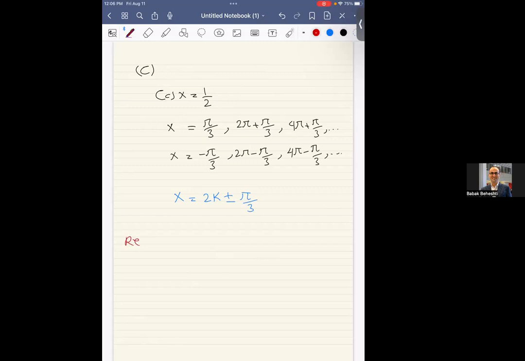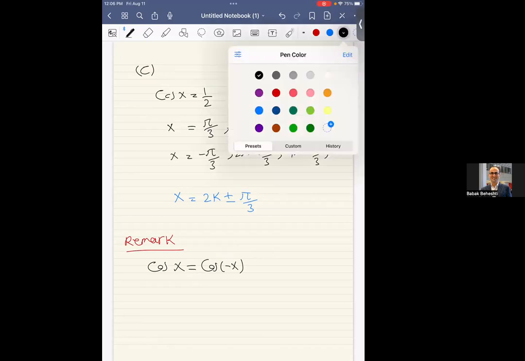The remark here is that cosine of x is always equal to cosine of minus x. However, let me just add one thing.